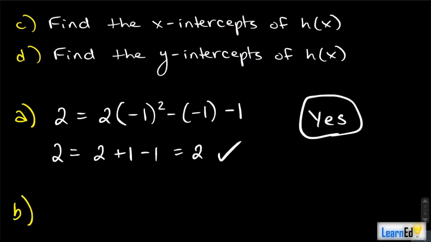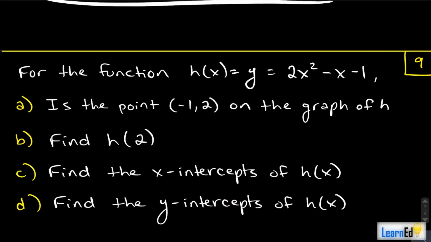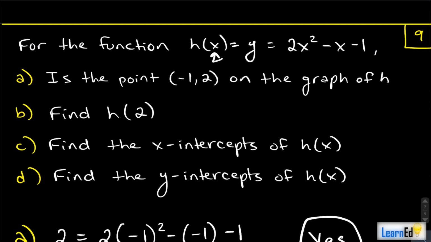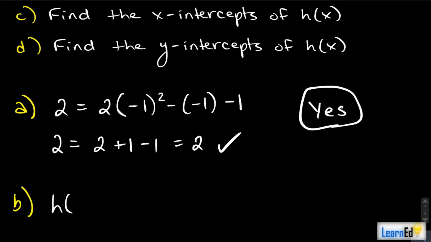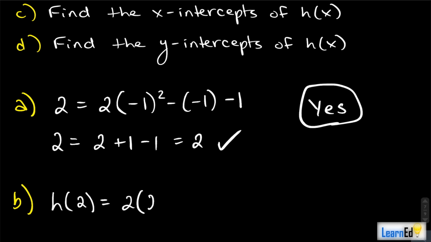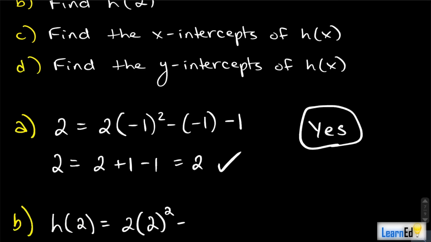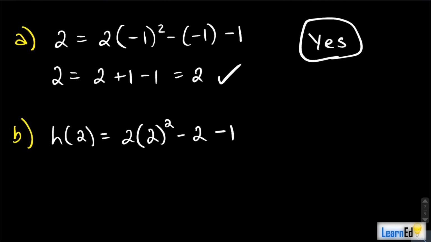Now moving on to B, we want to find h of 2. Okay, so we just got to plug in 2 for x. So h of 2 equals, and let's remember, we have a 2x squared, so we'll have a 2 times 2 squared minus 2 minus 1, right?